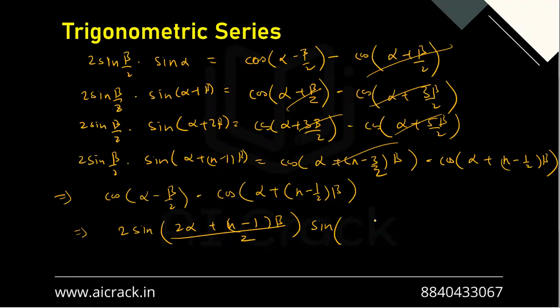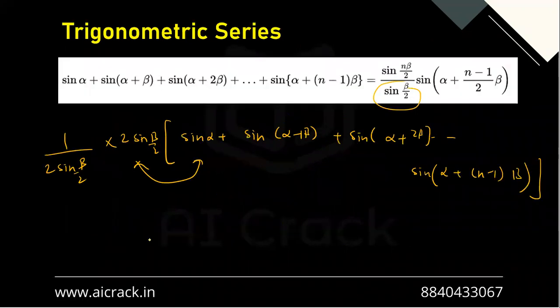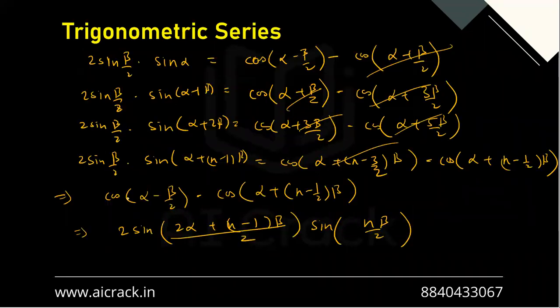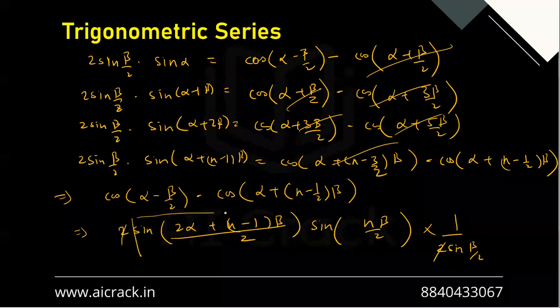So alpha gets cancelled out and we'll be left with only n beta by 2. Now we have this additional division over here, 1 by 2 times sine beta by 2. So 2 gets cancelled and you'll get the desired formula.